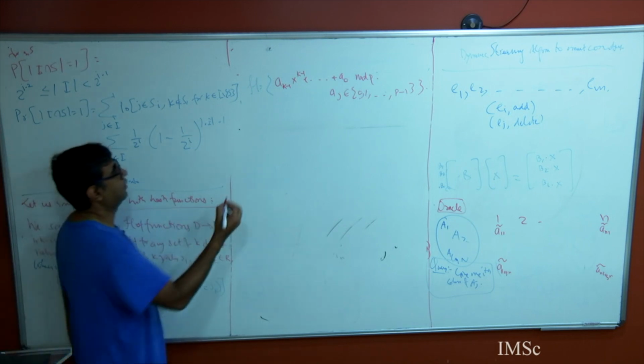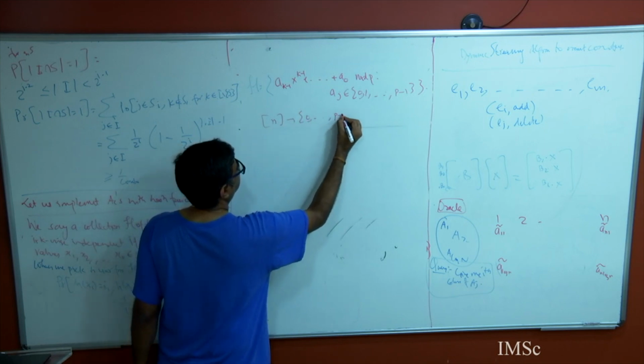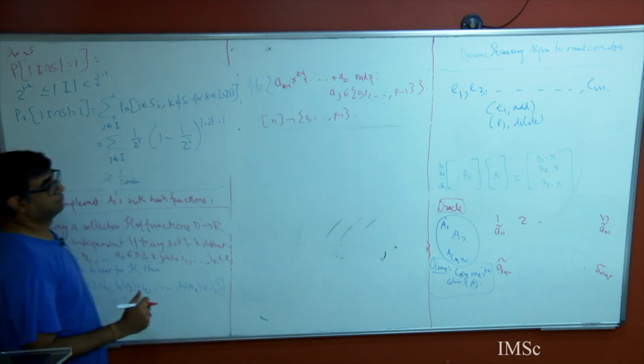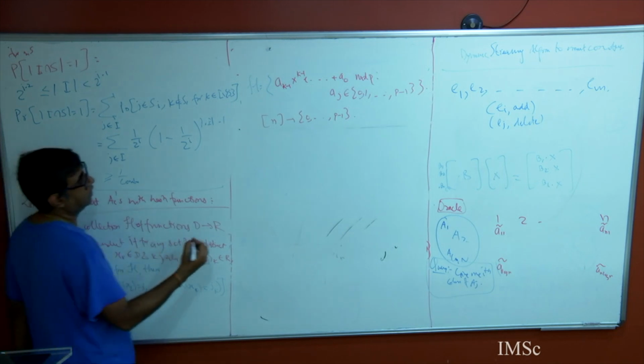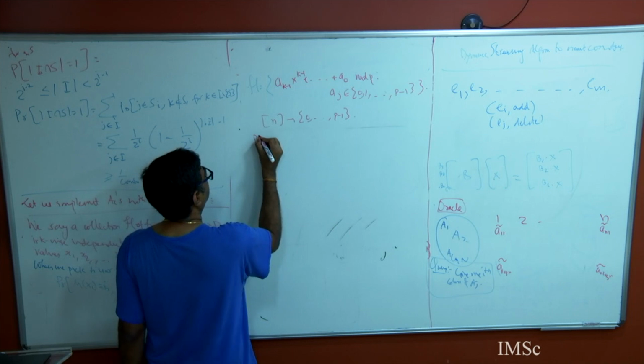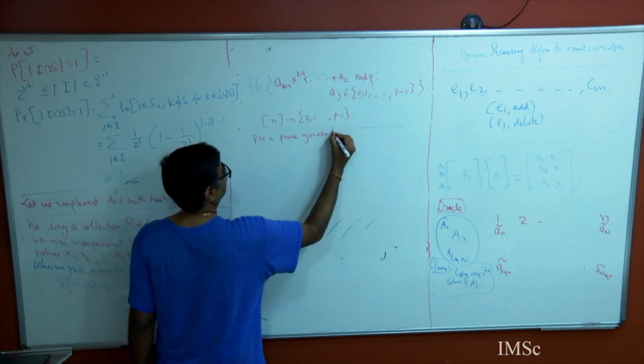So it is a family of hash functions from n to 0 to p minus 1. So basically you evaluate this polynomial, and p is a prime greater than n.